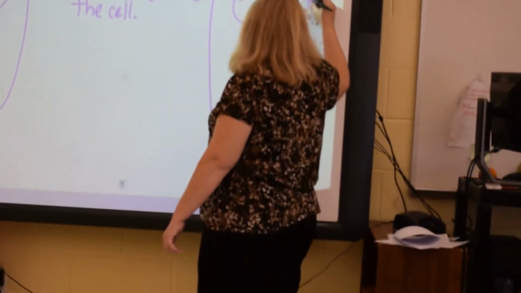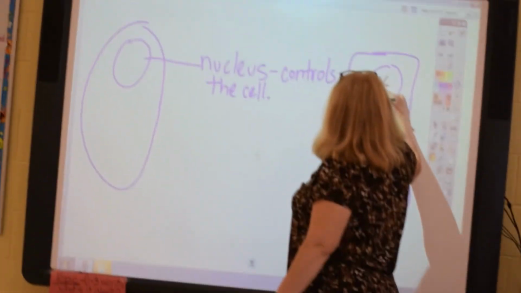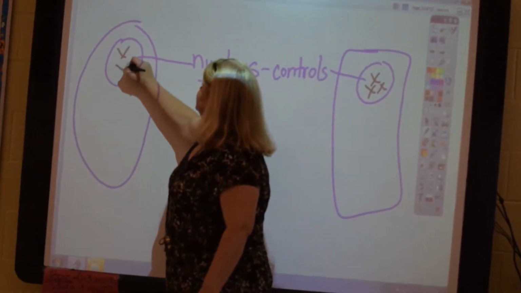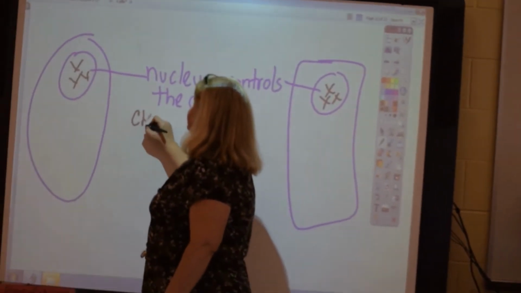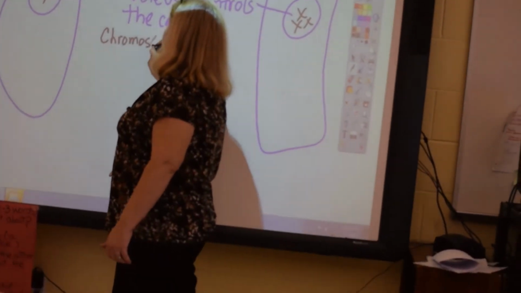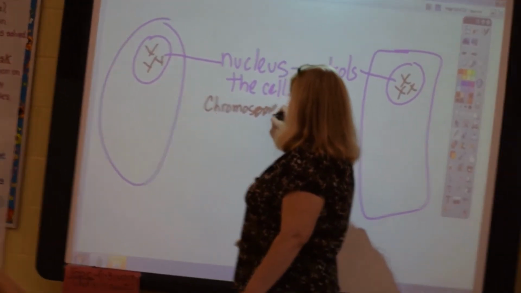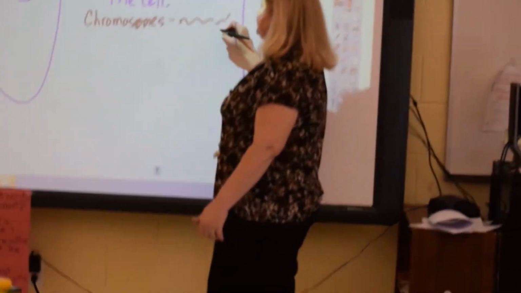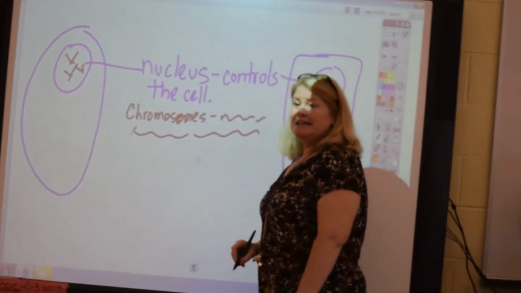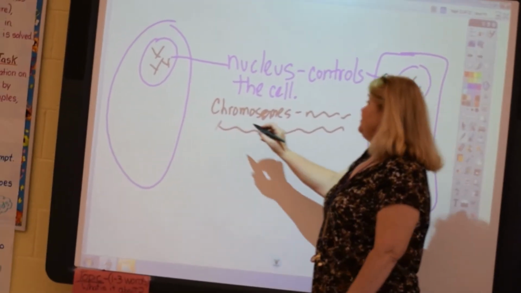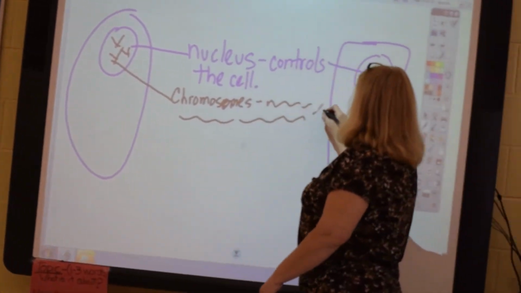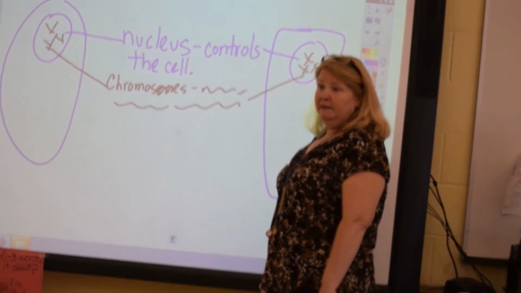Then for chromosomes, let's say these are your chromosomes. You're going to write chromosomes. And you're going to write the definition or the job of the chromosome next to the word. Then you're going to draw a line to the chromosome. Okay?